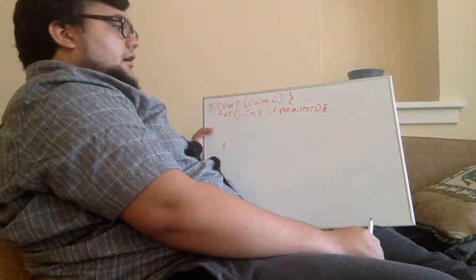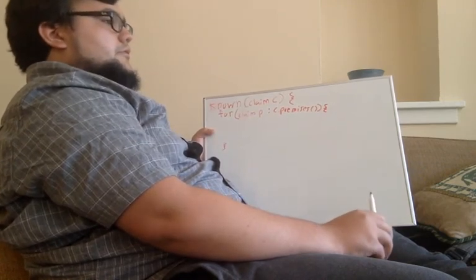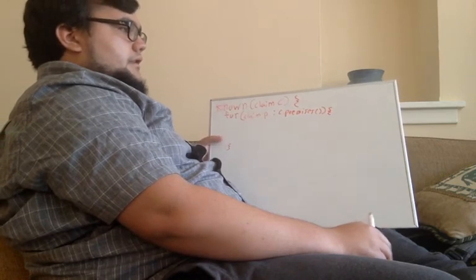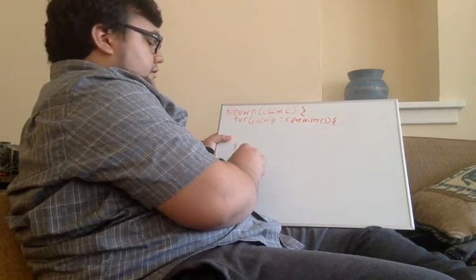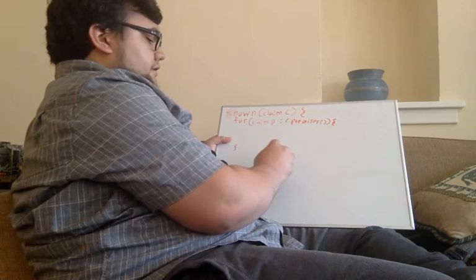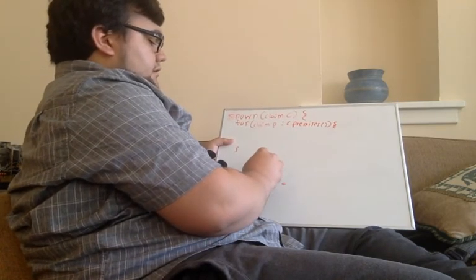So you interpret a directed graph. A directed graph is basically just nodes or vertices. Nodes and vertices are the same thing, and edges.